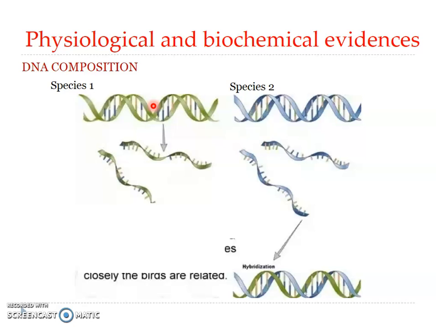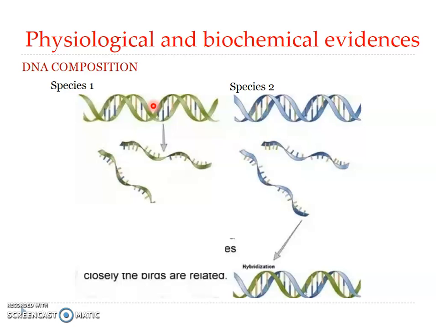Now, DNA is a long chain of nucleotides. Each nucleotide is made up of a nitrogenous base, a pentose sugar, that is deoxyribose, and a phosphate compound. So these three, nitrogenous base, pentose sugar, and a phosphoric acid or a phosphate compound, come together to form the nucleotide.